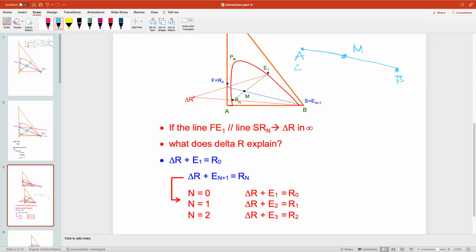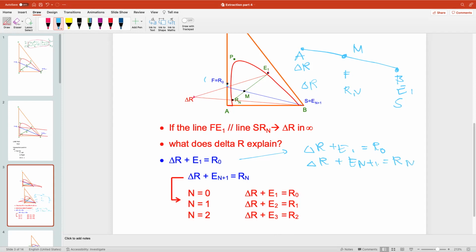Delta R plus E1, if we add them, becomes the point in the middle, which is F. Or with this line, delta R plus S, when we add them, becomes Rn. So it is written again here: delta R plus E1 becomes R0, delta R plus En plus 1 becomes Rn.